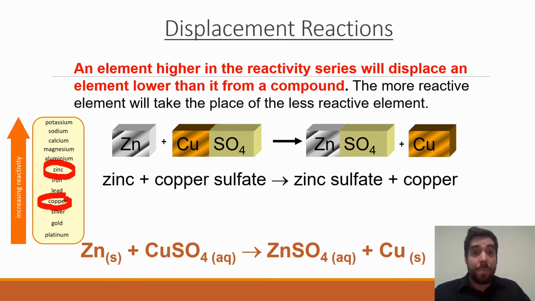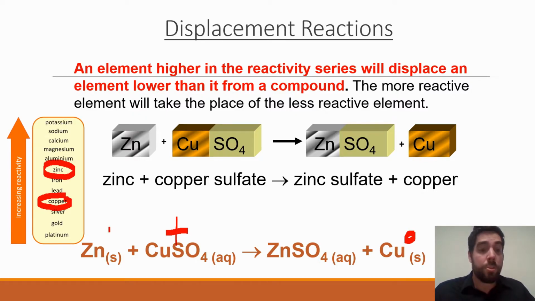It's also important to remember that this is a redox reaction, which means that we should identify what is being oxidized and what's being reduced. So because zinc is losing electrons, it's becoming positively charged, it is being oxidized. And because copper is gaining electrons, it is being reduced. So it's going from a positive charge over here to a neutral charge.